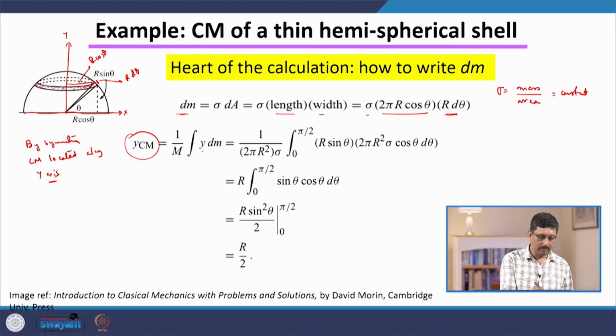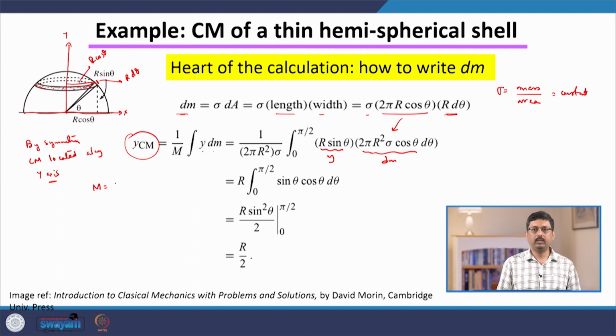The y coordinate of any point of this ring, that is the elevation of this ring, is given by r sin theta, which is clear from the picture. So, this is y and this is dm, which is given by 2 pi r square sigma cos theta d theta. And then we need the total mass m.